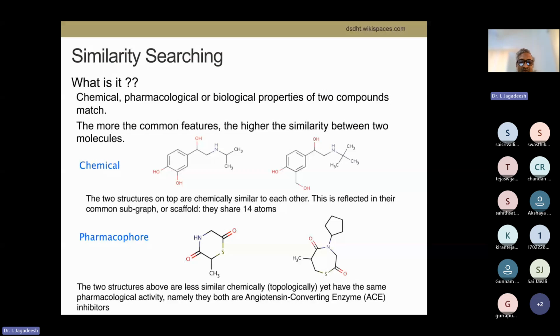It is topologically similar. The two structures are less similar chemically, and from the size of them they are different. Yet they have the same pharmacological activity, namely both are angiotensin converting enzyme inhibitors. They are already successfully used, even though they are chemically and topologically different, but pharmacologically they are the same. So they are called pharmacophores.